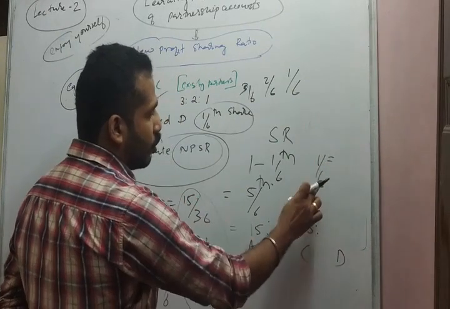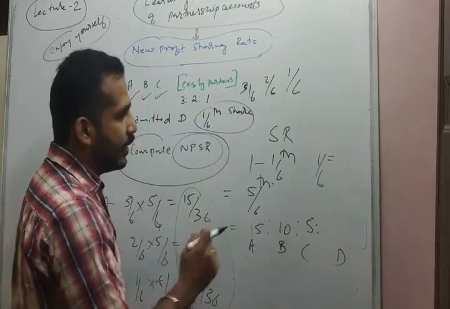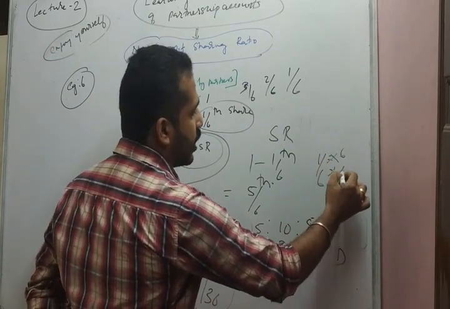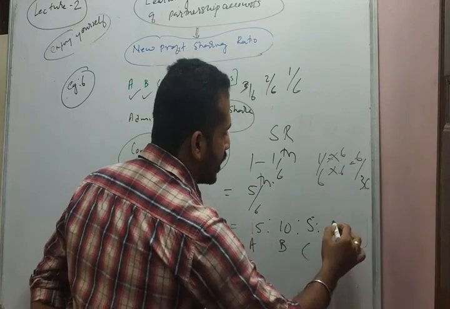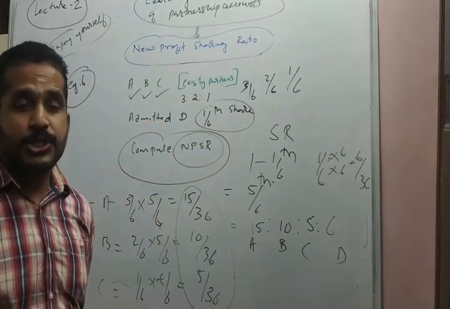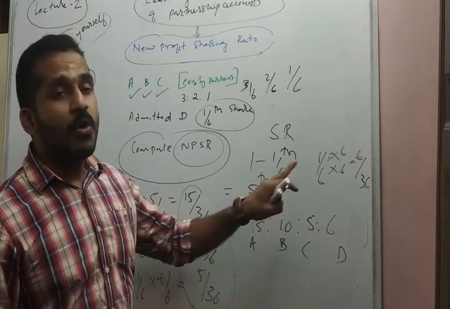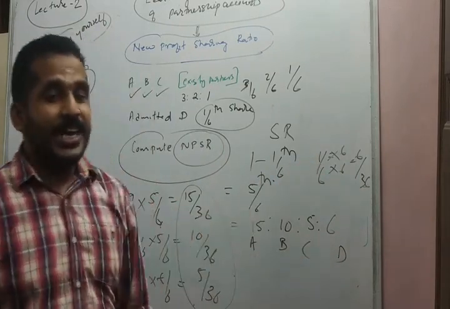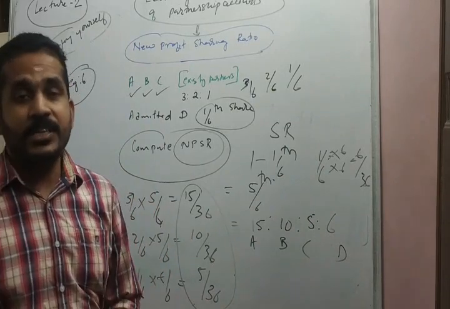To equalize the denominator, convert this 6 into 36 by multiplying it with 6, so we will get 6/36. That is 6. So what is the new profit sharing ratio after admission of D? 15:10:5:6.